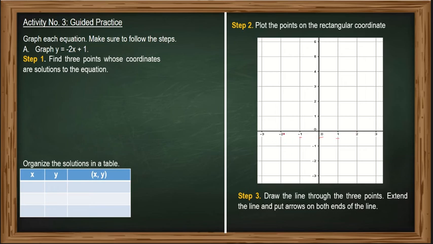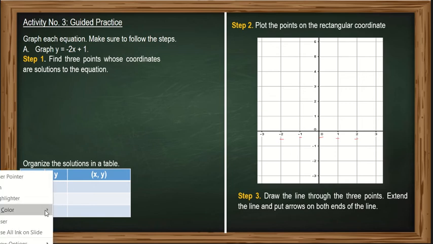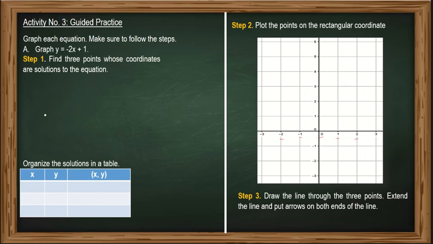Say if we are going to make use of the 5 points here, so that we can see that even if you have many points, they all lie on the same line. Let's start with x equals -2.